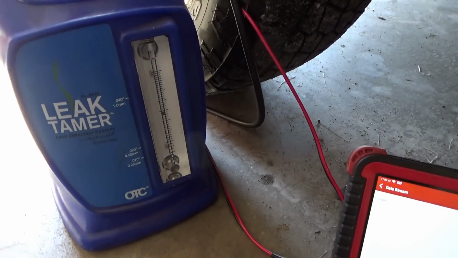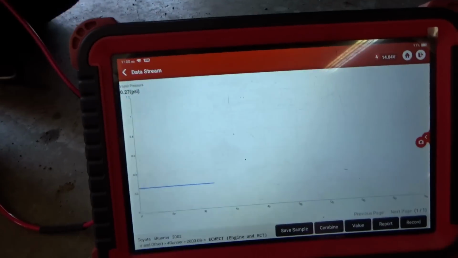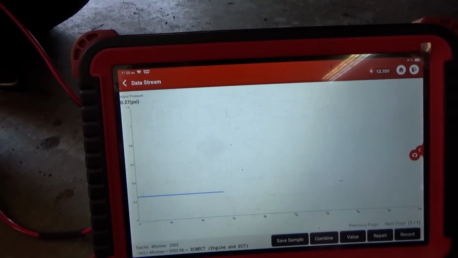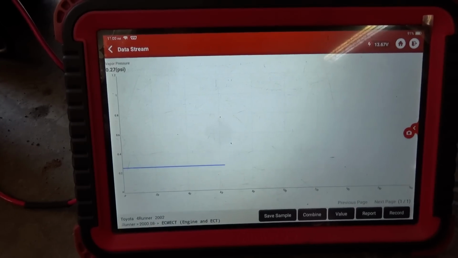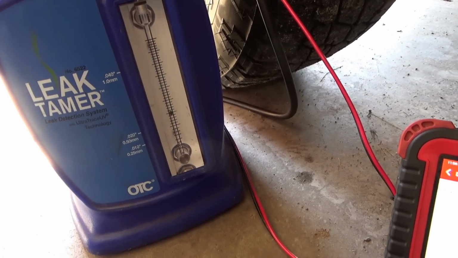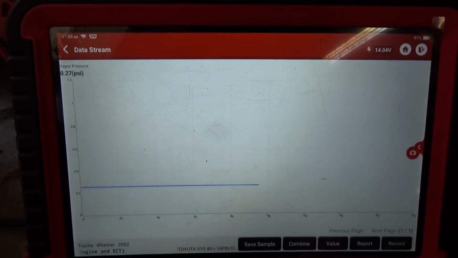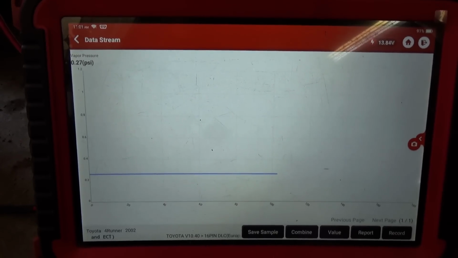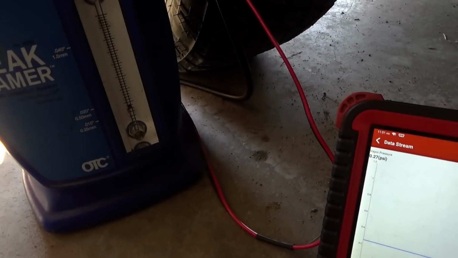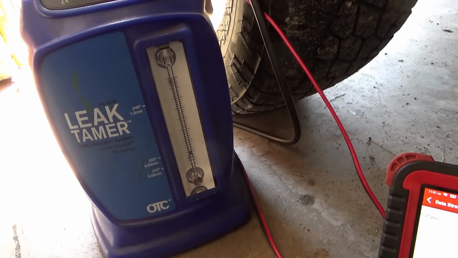Okay, excellent. Let's turn up the smoke machine. There's our vapor pressure, 0.27. And the ball is dropping, so I don't see any leaks yet. That might be the maximum pressure that's shown on the sensor. The smoke machine puts out probably 1 psi.